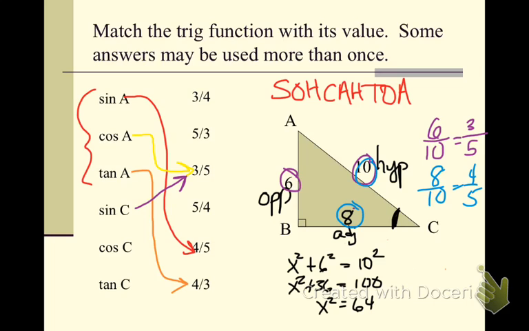So you can see in a right triangle, the sine and the cosine of the two angles actually are shared. You can see the sine of A is the cosine of C, and the cosine of A is the sine of C. And then lastly, the tangent of C is the opposite, 6, over the adjacent, 8. 6 over 8 is 3/4. So the tangent of C is 3/4.